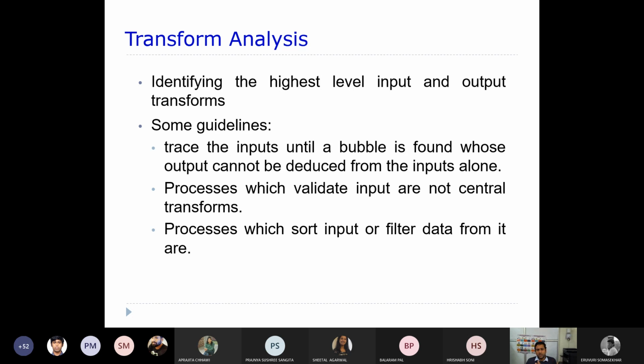Usually those processings are not part of central transforms. Processes which sort input or filter data from it are different.